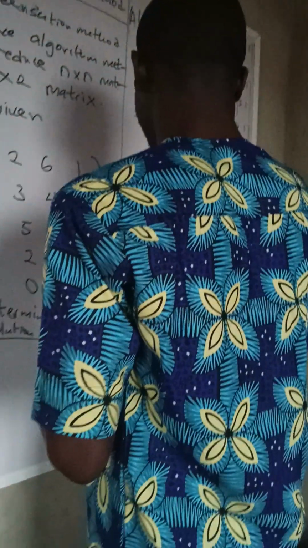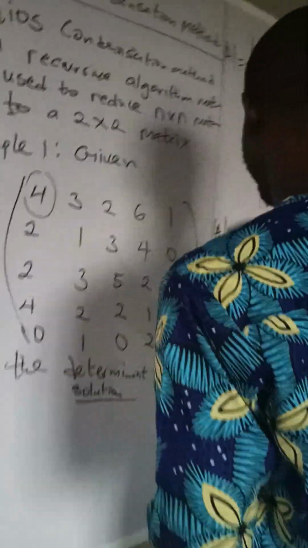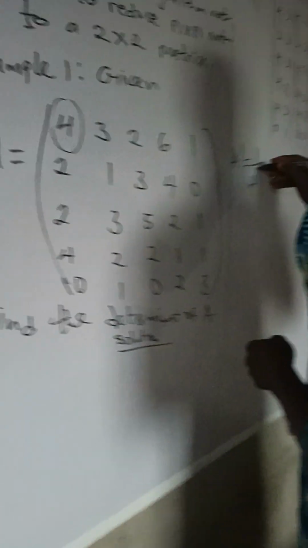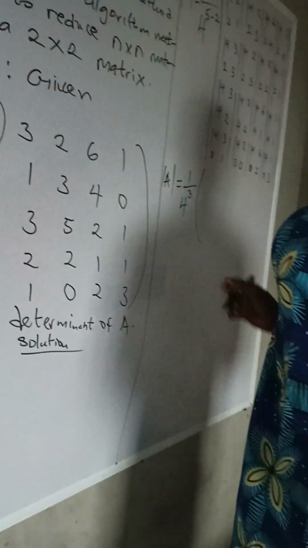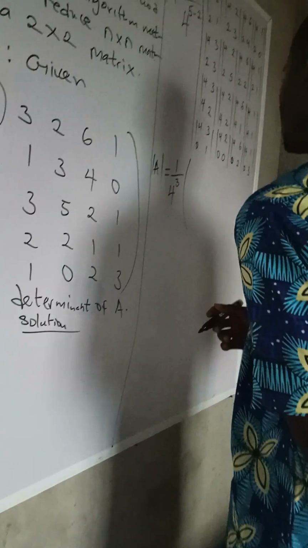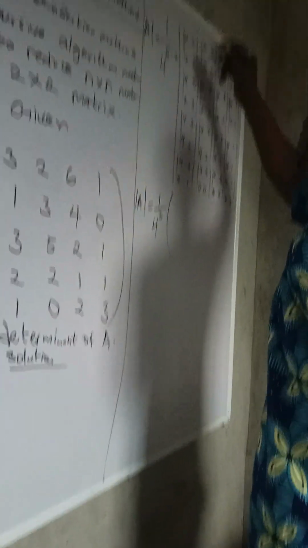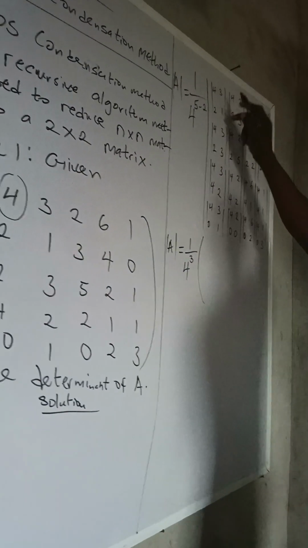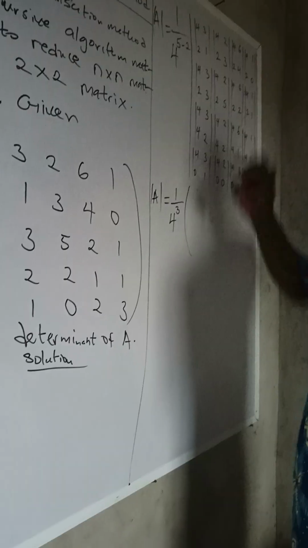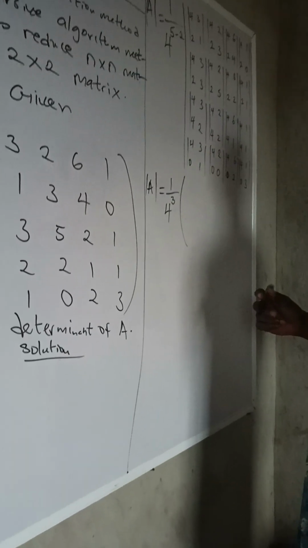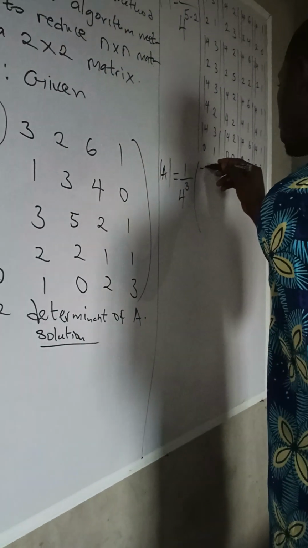So we can say that the determinant of A will be the same thing as 1 over 4 raised to power 3 into what we have here. 4 times 1 is going to give us 4, minus 3 times 2. That's 4 minus 6. And that's going to give us minus 2.